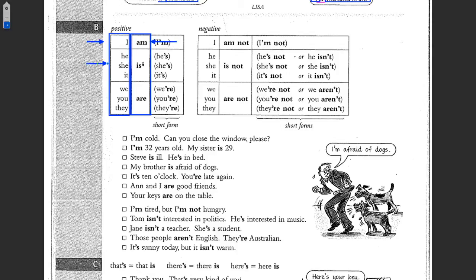He, she, and it will use is. We, you, and they use are. But what about the negative? That negative means we have not here. And the same subject is easy because we simply add not. Okay? I'm not. He is not. She is not. It is not. And we are not. You are not.